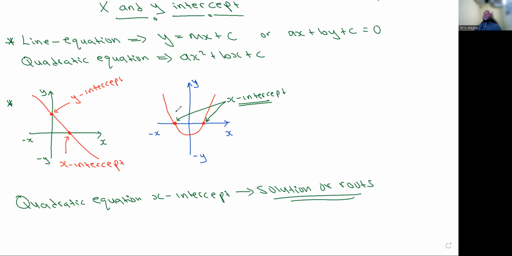So the answer you got represents this part of the graph, okay? Now, the other one, this part here, where it crosses the y-axis, is called the y-intercept. So where it crosses the y-axis is called the y-intercept.